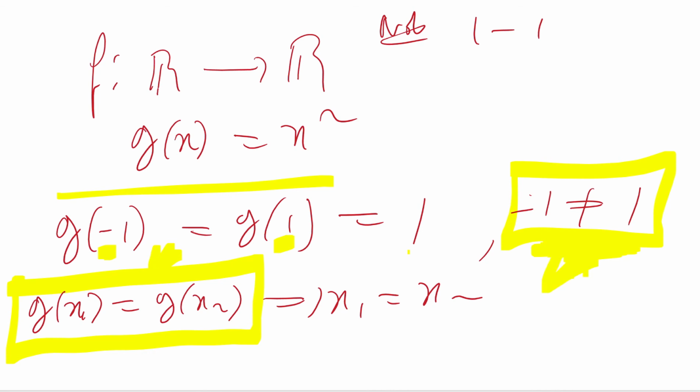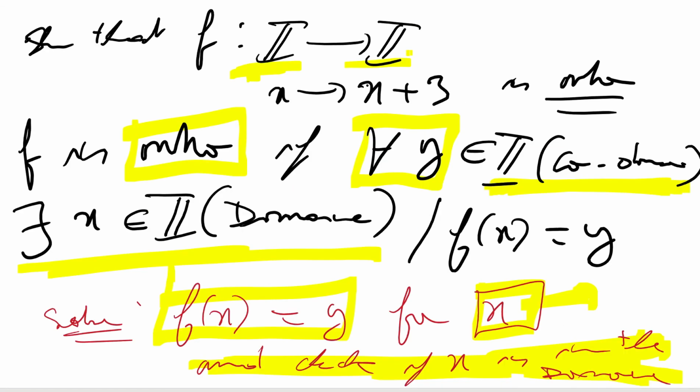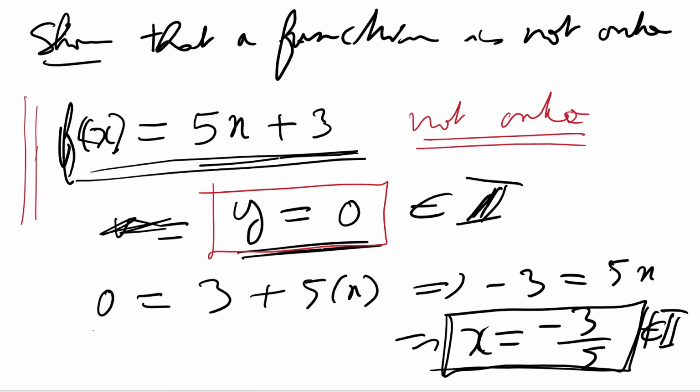So this is not one to one. For the other case we showed that it's not onto. Just forget about the proof that we did here, but at least you see what we are looking for. This was in the set of integers, but we say that it must hold for all y. In this case we just find one y equal to 0 that failed, so it's not onto.